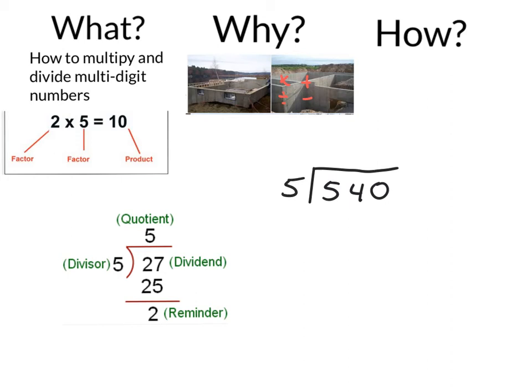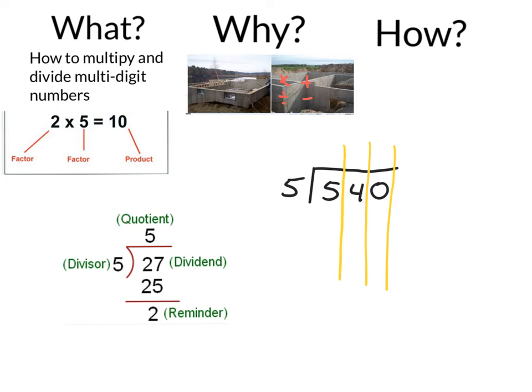Now, in the packet, we have some sort of grid lines that help keep your work nice and neat. So what we do here, we first of all identify our parts. The divisor is what we're seeing how many of these 5s can go into 540. So the 5 is the divisor. The dividend is 540. That's what we're dividing up into 5 parts. And we haven't found the quotient yet. The quotient will be the answer. And there may or may not be a remainder.